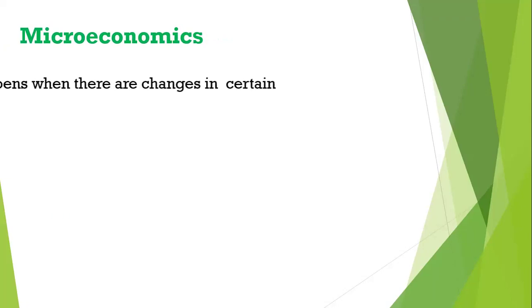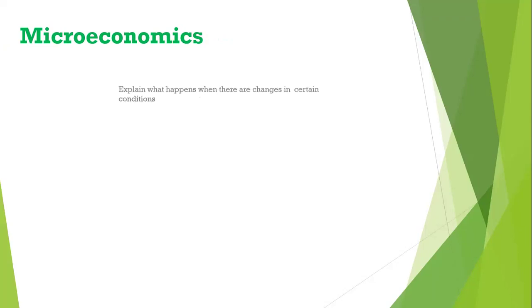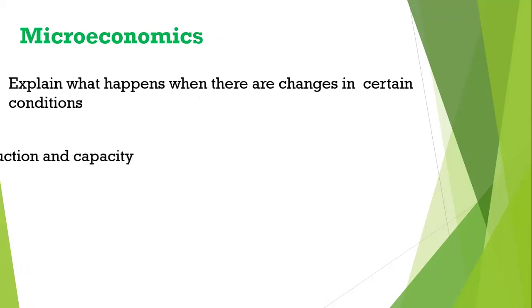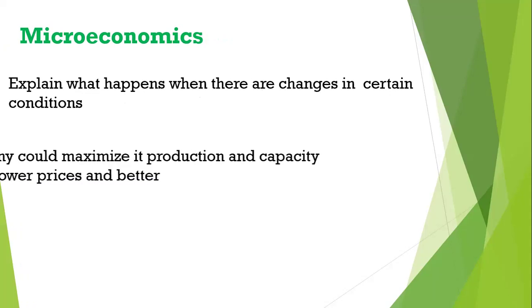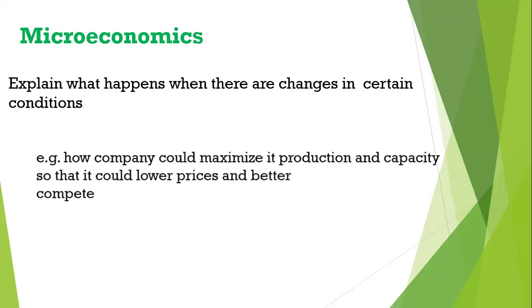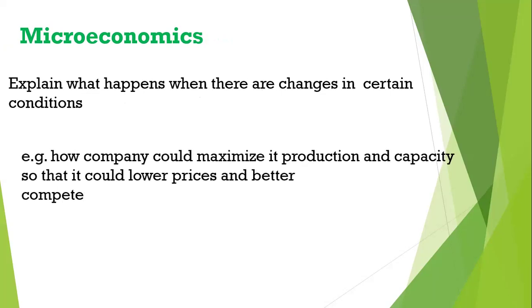This is different. Microeconomics explains what happens when there are changes in a certain condition. Let's say, for example, a firm wants to produce a product and there are external or internal factors that change and affect the way they produce that product.